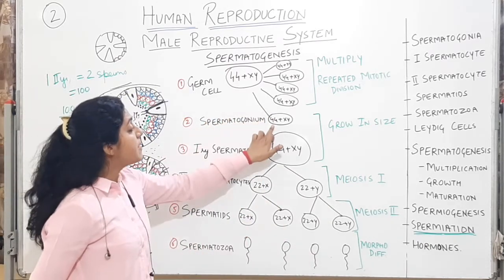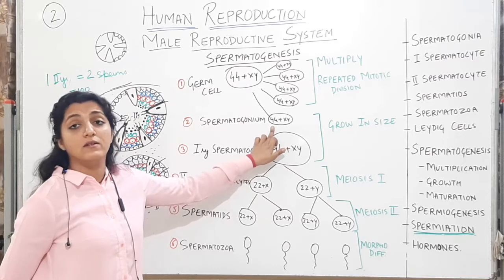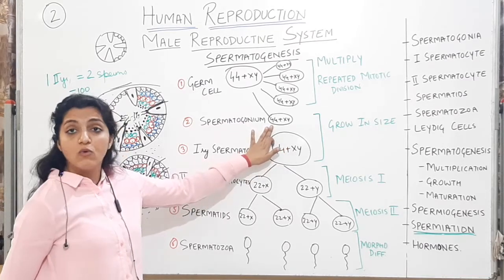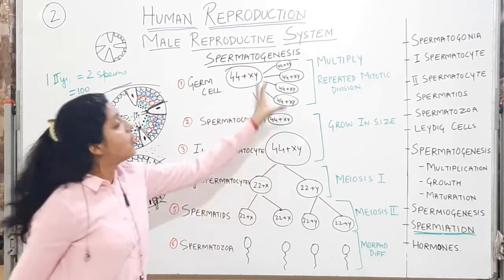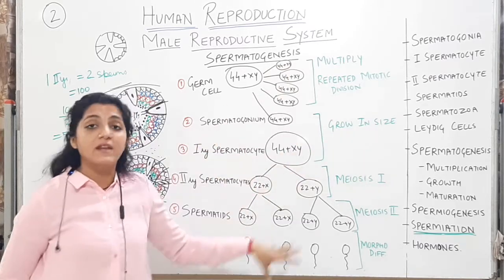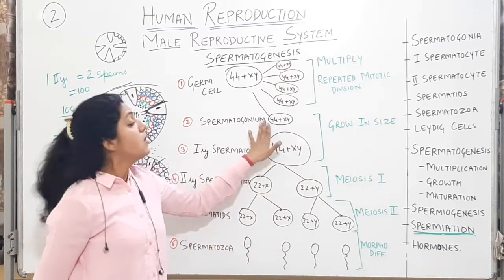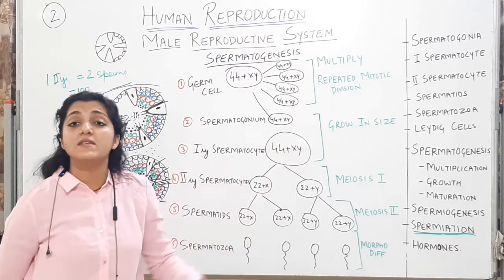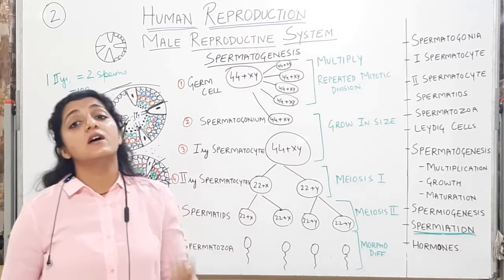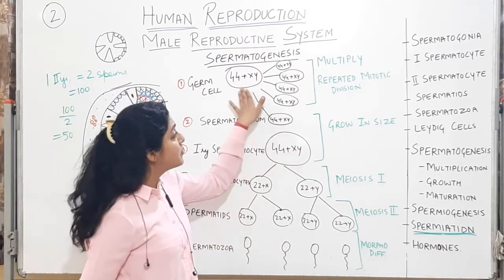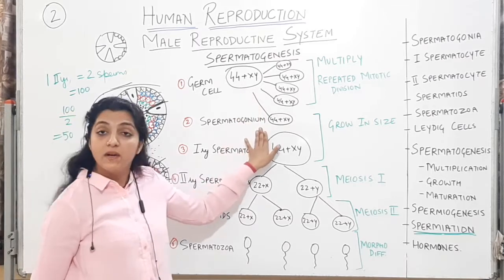Now, one spermatogonium, if we are taking over here, this is the spermatogonium. This grows in size, बहुत सारे grow करते हैं. For explaining, we are taking one in example. ये spermatogonium, it grows in size because of the accumulation of food. Genetic constitution वही रहेगा. Diploid है germ cell भी, spermatogonium भी diploid है.